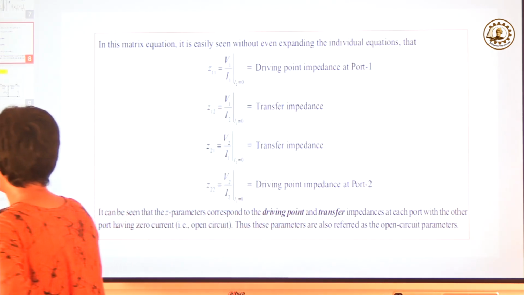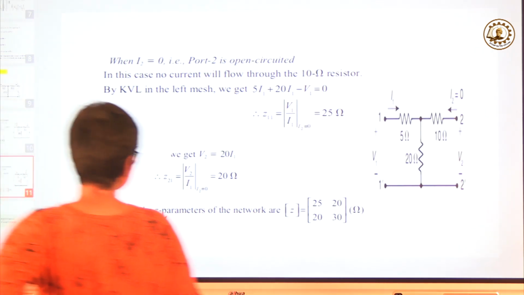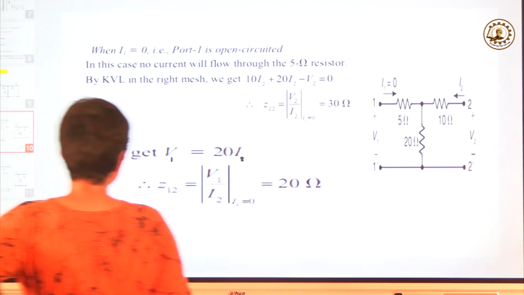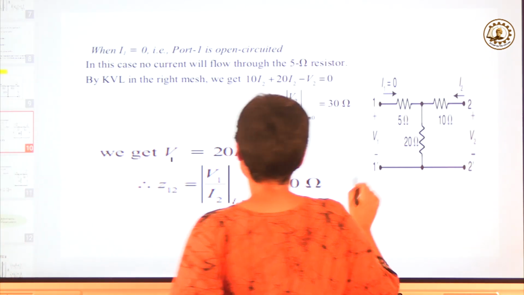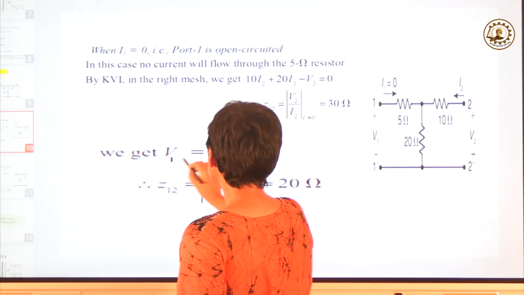So next we will find Z12, that is a relation between V1 and I2.